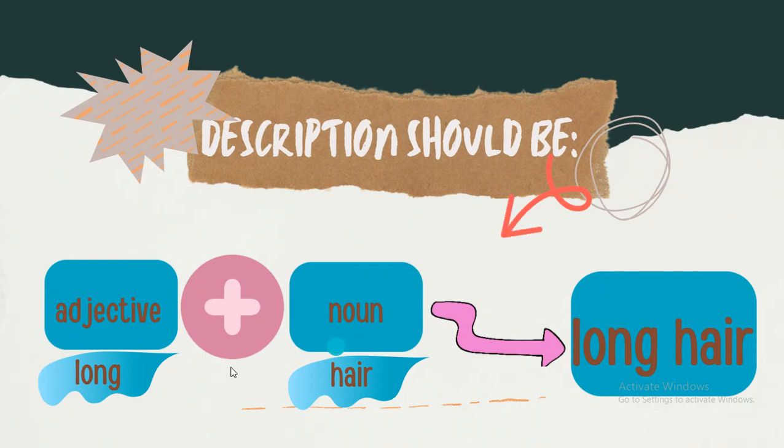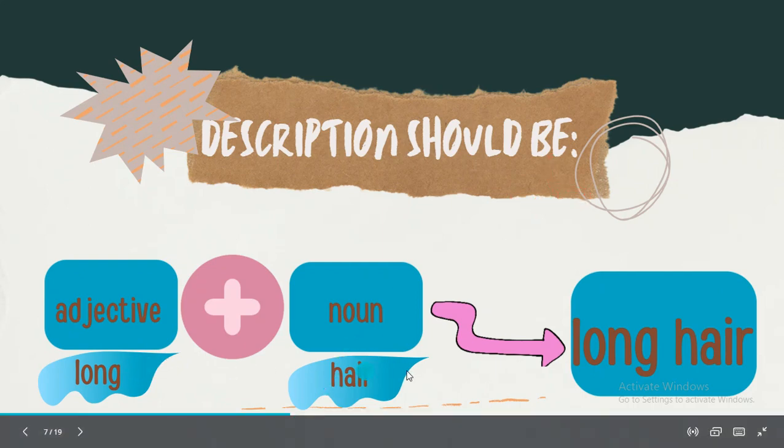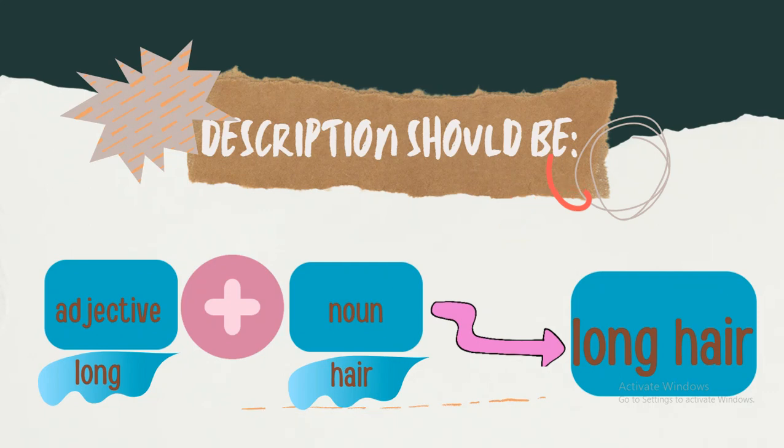For example, here the noun is hair. The description or adjective that we want to use is long. So it will be long hair. You cannot say hair long. Okay, hair long is wrong.